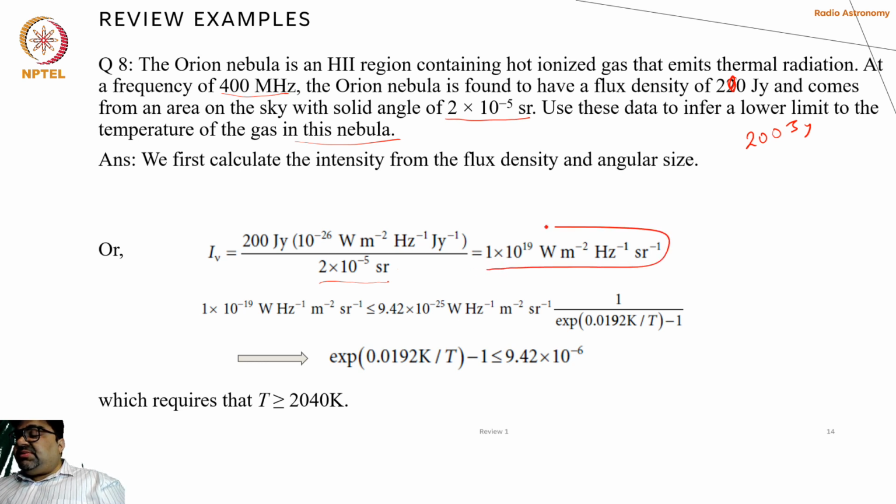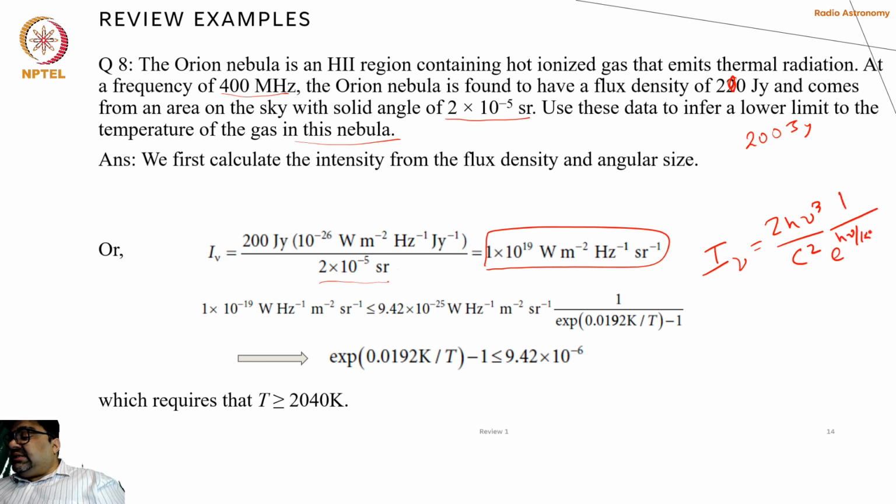It comes out to be 10^-19 watts per meter square per hertz per steradian. Now, we know Planck's law. So I nu is equal to 2h nu cubed over c squared, times 1 over e to the power h nu over kT minus 1.